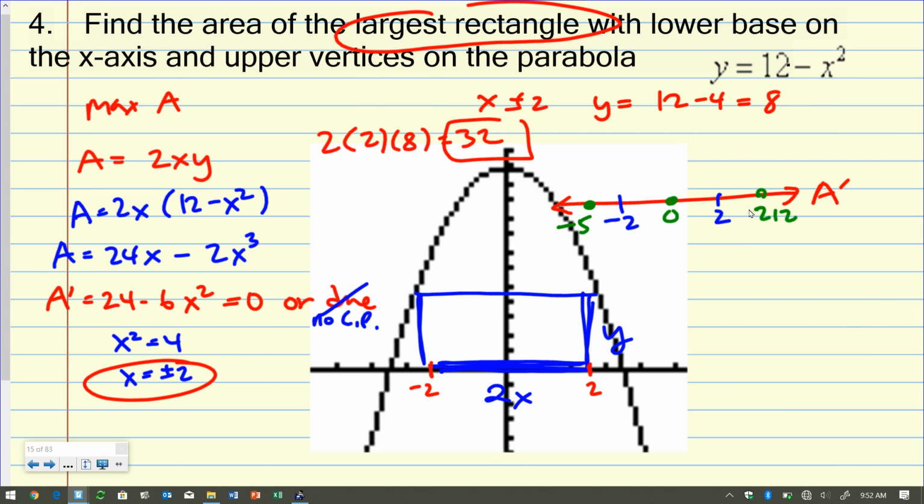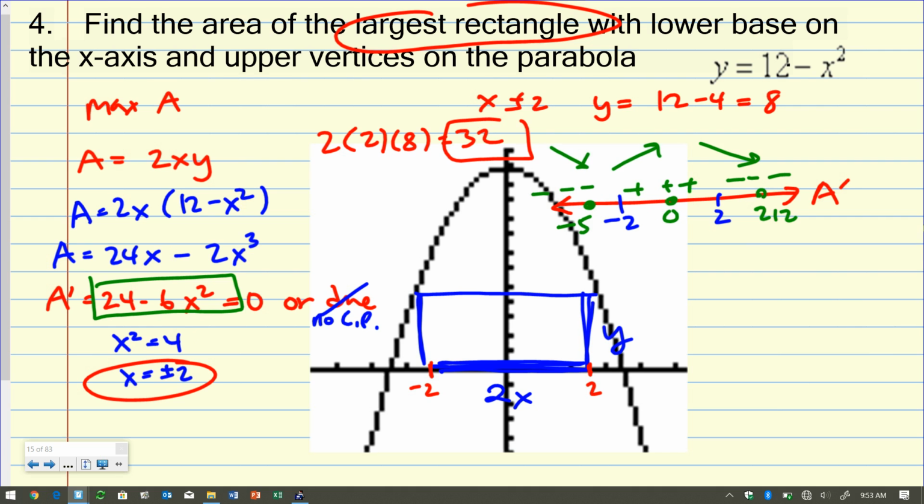What equation am I going to plug this into? My A prime, right? So here's A prime. If I put in -5, do you see I'll just get a giant negative number? So what will happen is I'll get negative over here. And then if I plug in positive 5, I'll also get a giant negative number. So that's going to be negative over here. And if I plug in 0, I'm going to get 24, so that's going to be positive over here. So this would be decreasing, increasing, decreasing.